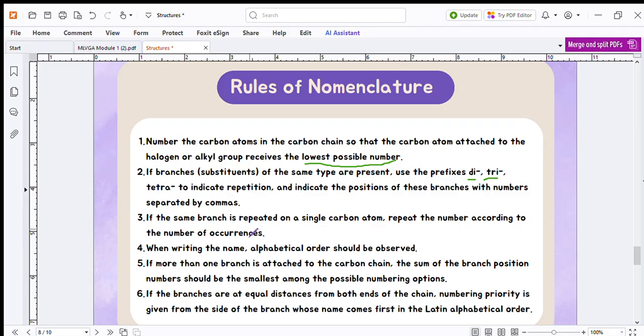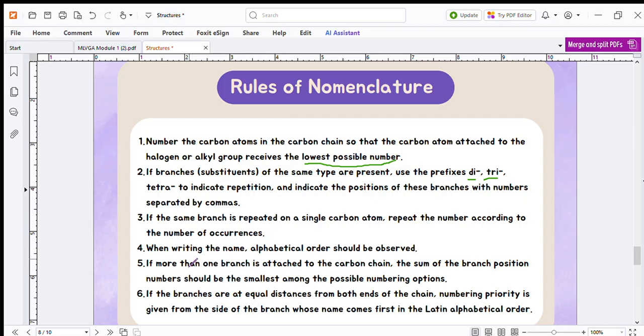Then, yung sa carbon 1, dalawa po ang attachment sa kanya. Meron pong dalawang methyl groups. So sabihin natin yung carbon 1 ay 1,1-dimethyl. So mapapansin lang po natin ito when it comes to the examples.